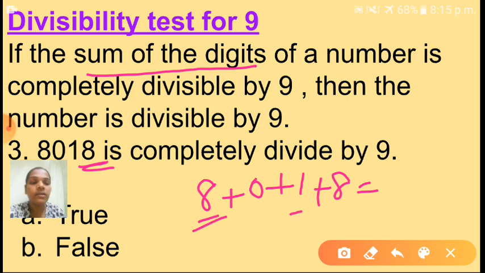Yes, 8 plus 1 is 9, 9 plus 8 is 17. Can we completely divide this 17 by 9? No, isn't it children? So this number also we can't completely divide by 9. So false will come. Understood children? I hope you understood this one.